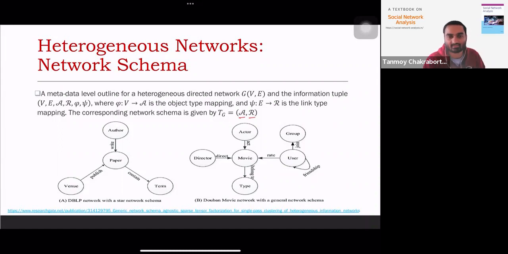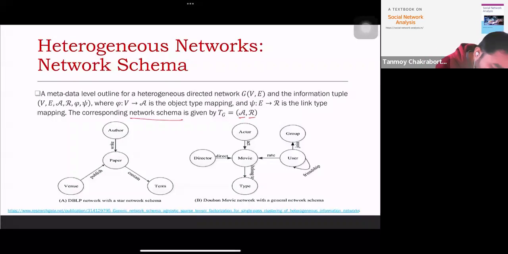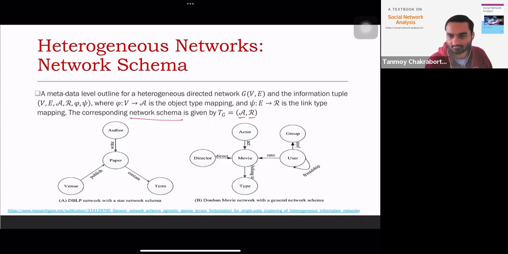Given a particular link type, there can be multiple instances of that link type. Similarly, given a particular node type, there are multiple instances of that node type. You see my point? So network schema indicates the relations between node types, not between nodes.